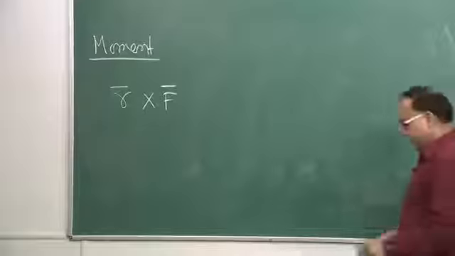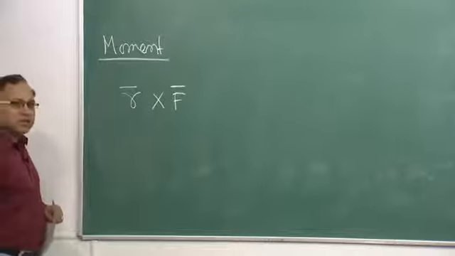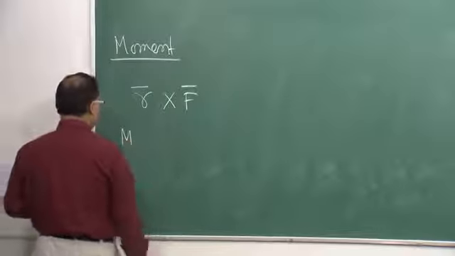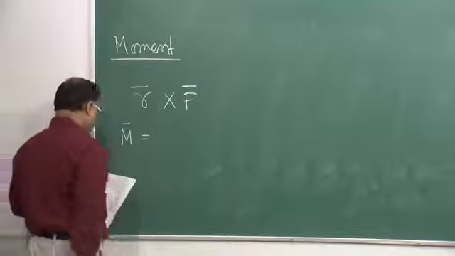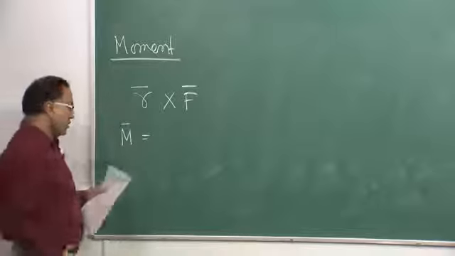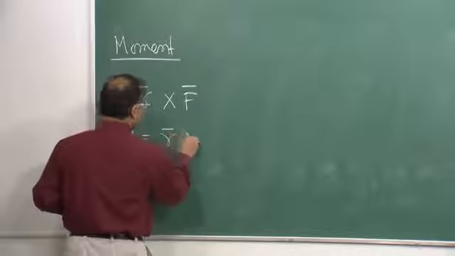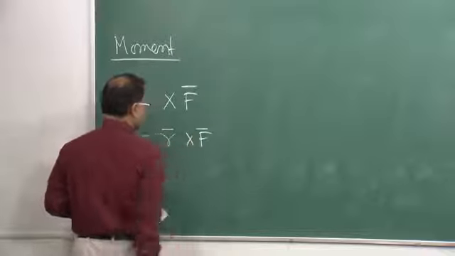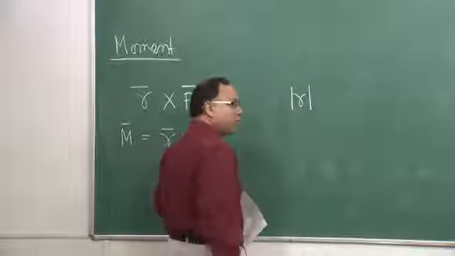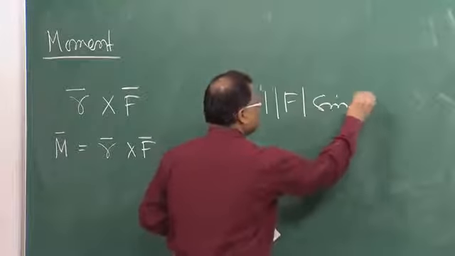Now, from vector algebra, if you recall it from mathematics, if I want to find the magnitude of the moment, I can write r cross F, and the magnitude is nothing but the magnitude of r times the magnitude of F times sin theta.